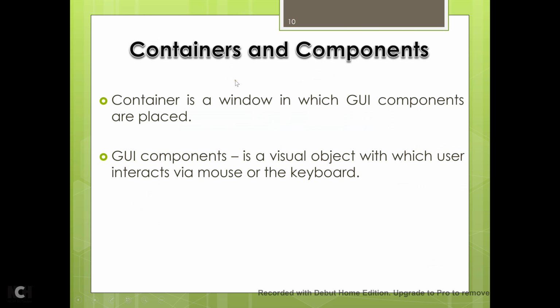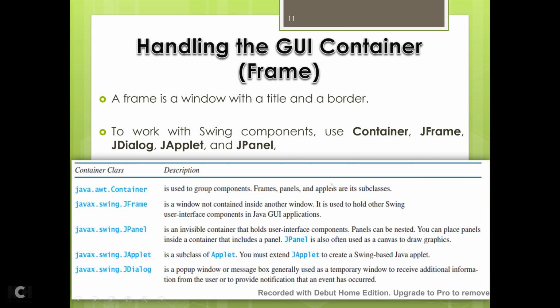So let's look at the containers and components. A container is a window in which GUI components are placed. A GUI component is a visual object with which the user interacts via the mouse or the keyboard. Now we're going to look at the frame.